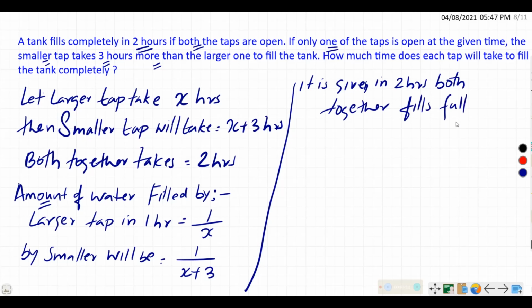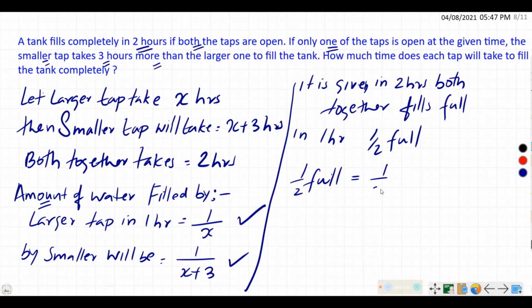So the part of the tank filled by both the larger tap and the smaller tap in 1 hour, which we got as 1 upon X and 1 upon X plus 3, together will be filling half the tank. So we can write 1 upon 2 is equal to 1 upon X plus 1 upon X plus 3.